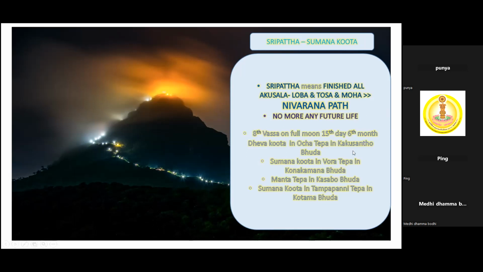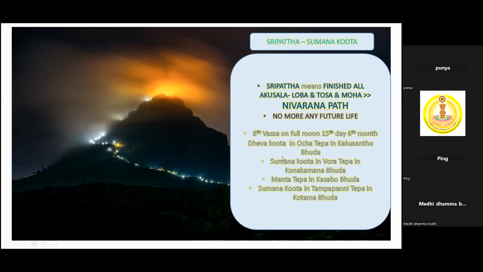So for this, we are going to learn a little bit about this very beautiful mountain. This one is at the 8th Vassa of the first Buddha in this Bhadrakalpa, Kakusandha Buddha, on the full moon of the 15th day, 6 months. We called this place Devakuta in Ojadvipa in the era of Kakusandha Buddha.